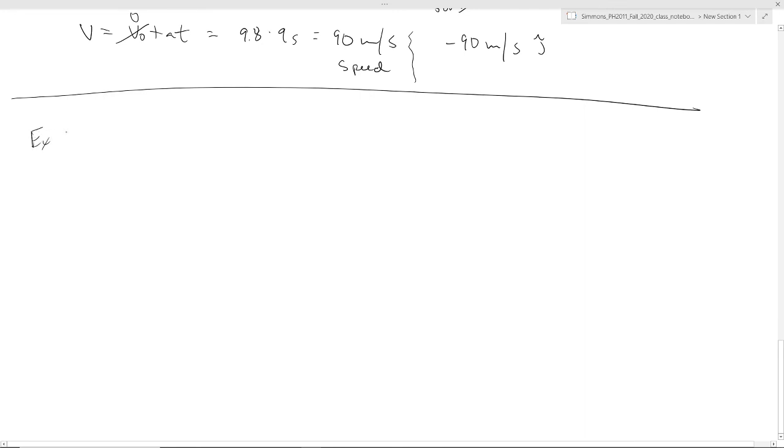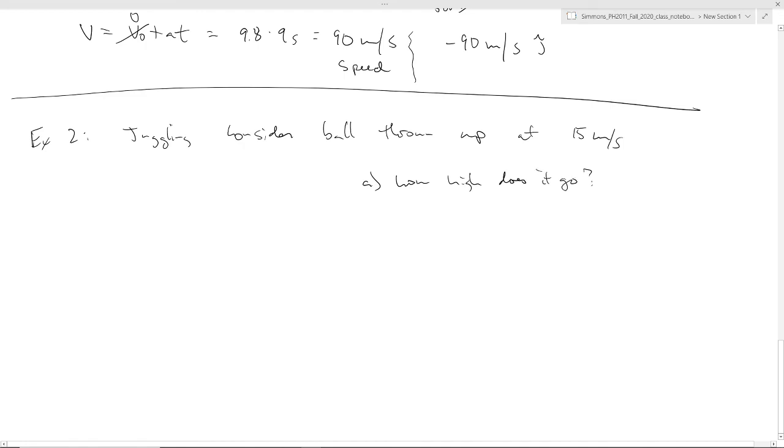So think about juggling. And I want you to consider a ball thrown up at 15 meters per second. And we want to know how high does it go? And we want to know how long is it in the air?